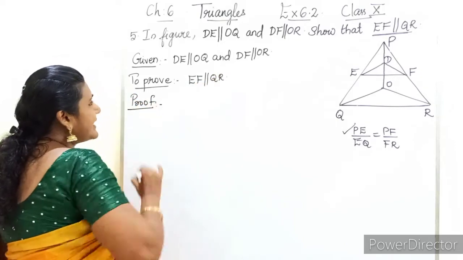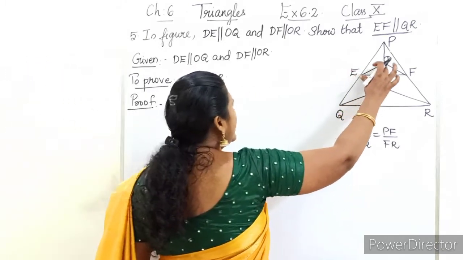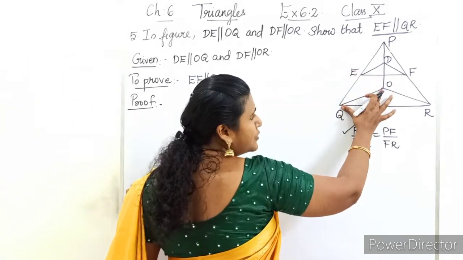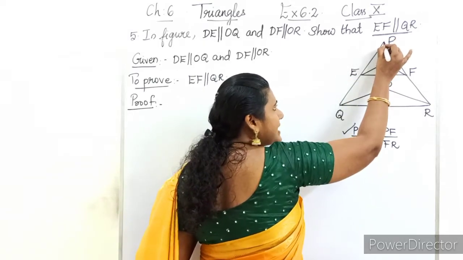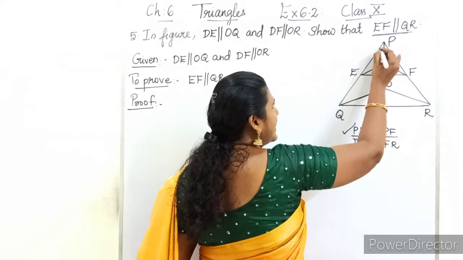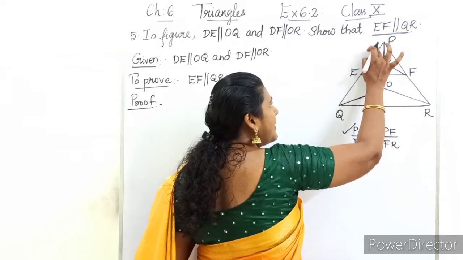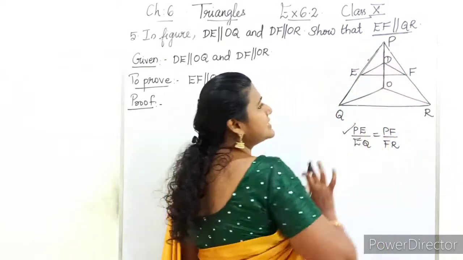So first we will take the first condition. What is the first condition? DE is parallel to PQ. So we will consider this triangle, that is triangle PPQ. This triangle we will consider and here we can apply basic proportionality theorem. Why? Because parallel condition is given.